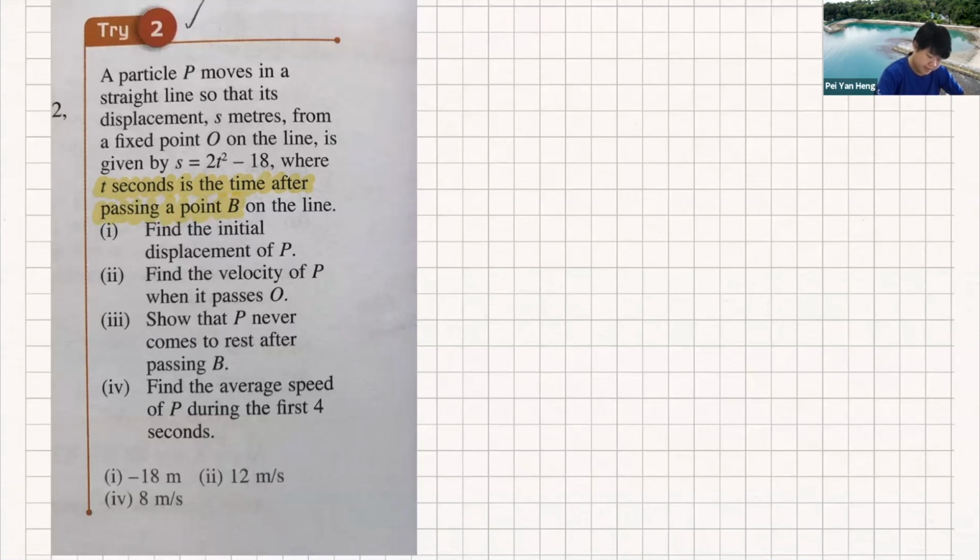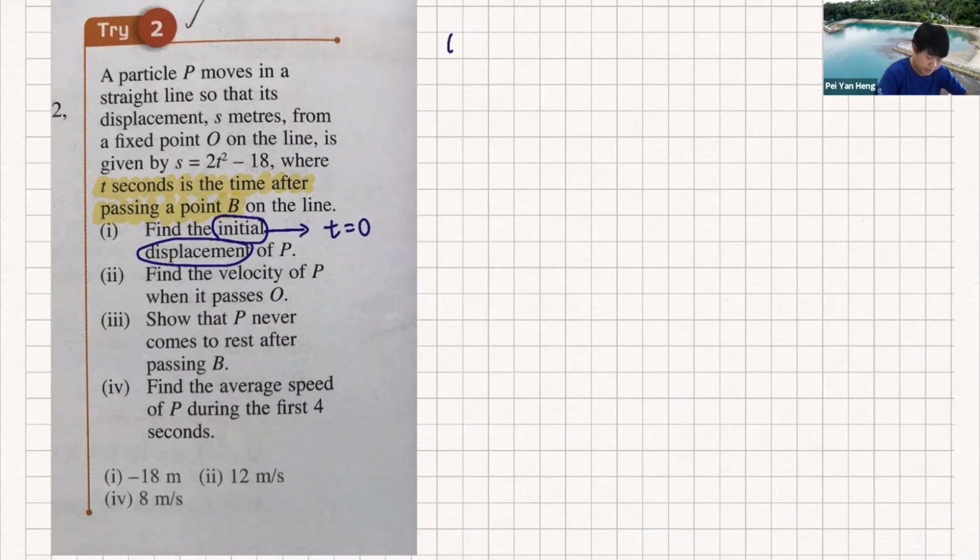So you're supposed to find the initial displacement of P. Now for initial displacement, anything that's initial, we are looking at t = 0.